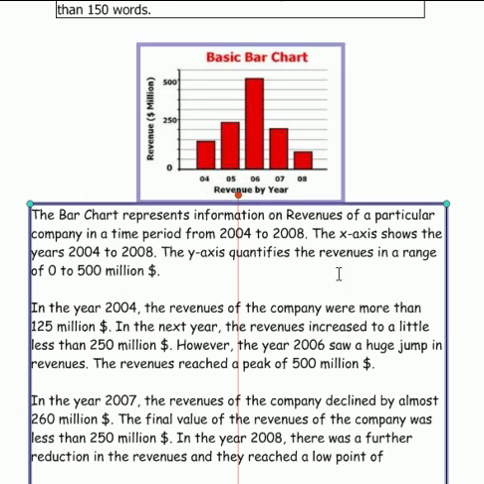So in 2004 we were saying more than 125, so we can say less than $125 million.